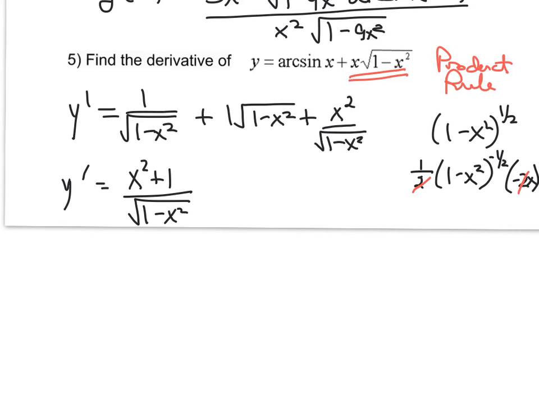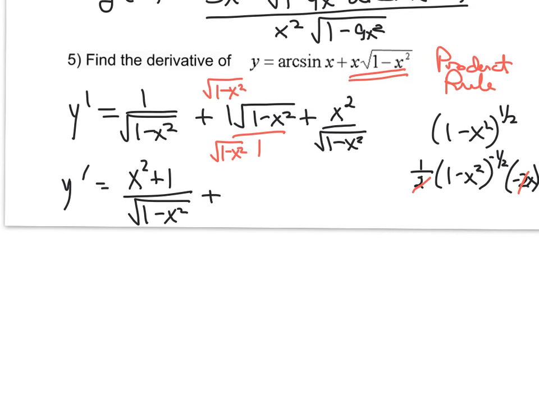So I've got that y prime is equal to x squared plus 1 over the square root of 1 minus x squared. Wouldn't it be fun to multiply the numerator and denominator of that second term by the square root of 1 minus x squared? In that case, I would then have a common denominator for all of these terms. And look at the simplification in the numerator there.